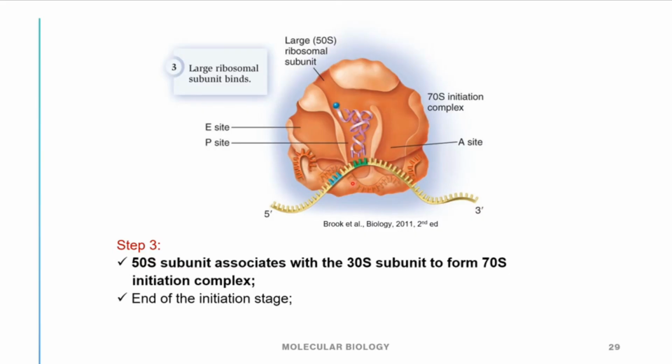At this moment, we have an empty E site and an empty A site. And then it's the end of the initiation stage. After this stage, the ribosome is going to move along the mRNA, and new tRNAs are going to come into the A site and try to base pair with whatever new sequence appears.